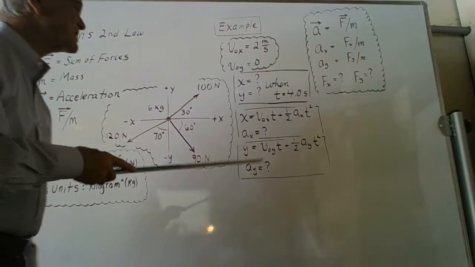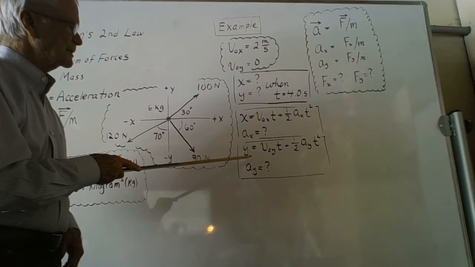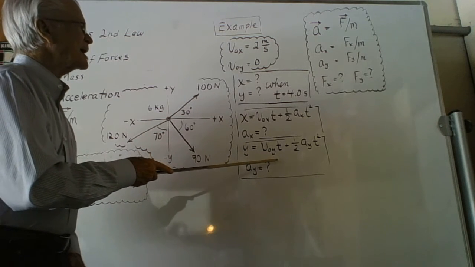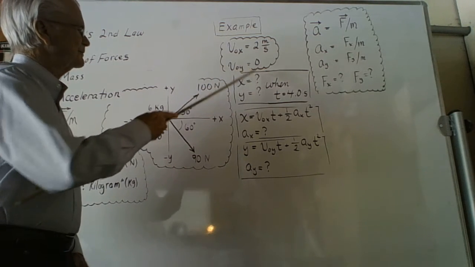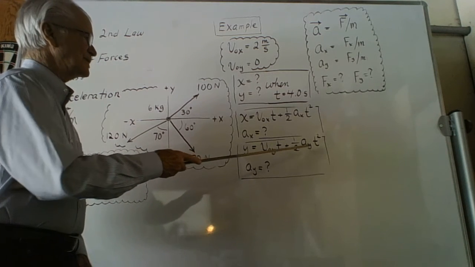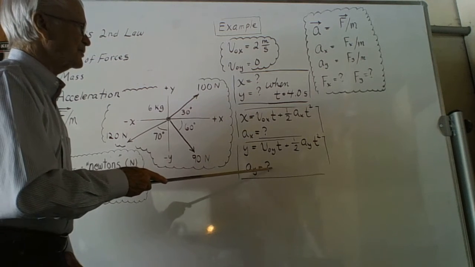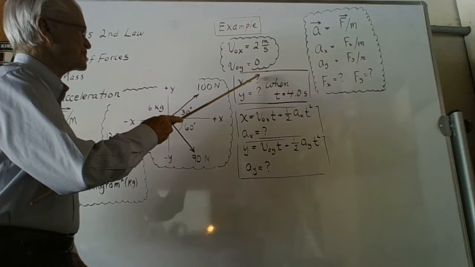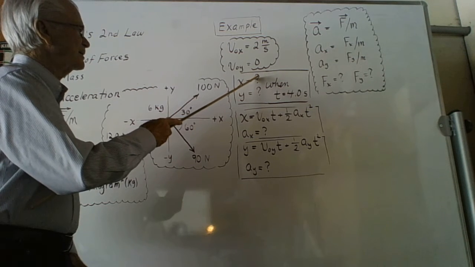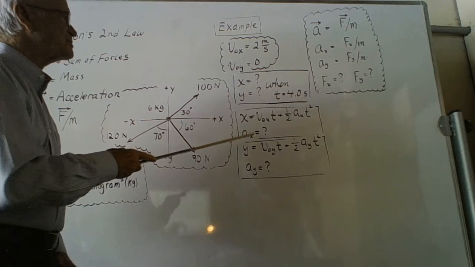The same thing can be said about finding the y coordinate of this future location. We need v naught y, and we do, it's 0. We need a sub y, and we don't know what it is. So we have these 2 questions to answer before we can answer the original questions: what is x and what is y? So let's set about finding a sub x and a sub y.